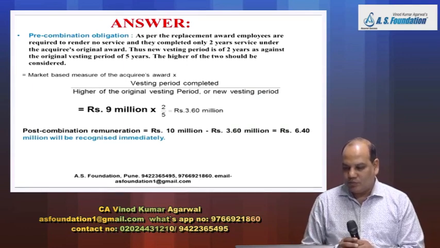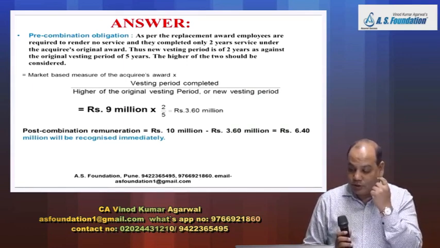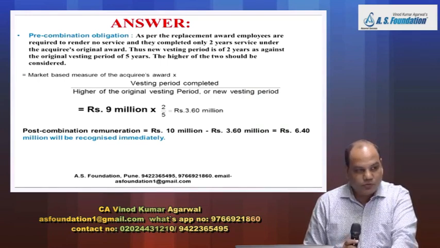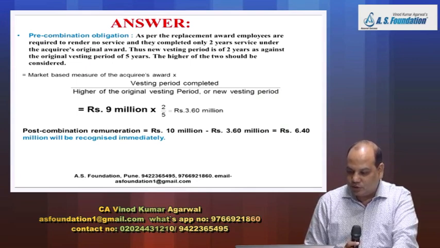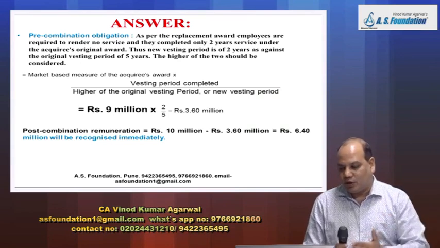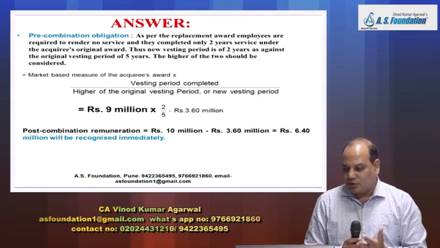First I will compute how much amount will be treated as pre-combination obligation. So write down step 1, pre-combination obligation. Pre-combination obligation will be 2 by 5. 2 years completed, 5 he had to complete. So that means the proportionate amount for which we are obliged right now is only 2 by 5 into 9, 3.6.